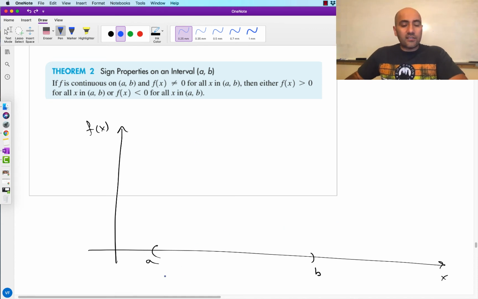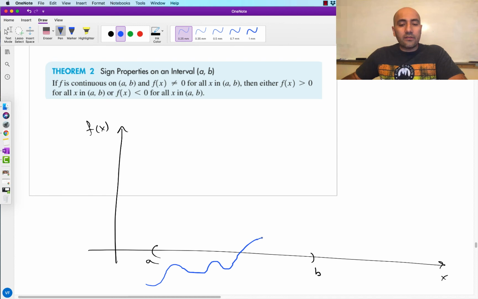On the other hand, let's say I start down here. If I start below the x-axis and it's a continuous function, I'm always negative. Once I'm negative, I could never be positive, because in order to go over to the positive side, I would have to cross the x-axis, and we're being told that the function was never equal to 0.